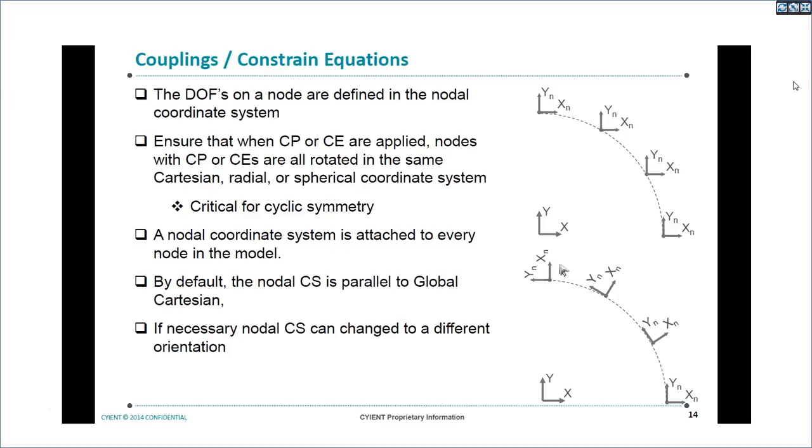Here, x is radial, y is tangential, and z is axial. After rotation, all nodes are aligned along the cylindrical system. This nodal rotation, or nodal coordinate system, is very critical for some stress analyses, especially when you are doing cyclic symmetry type analyses.